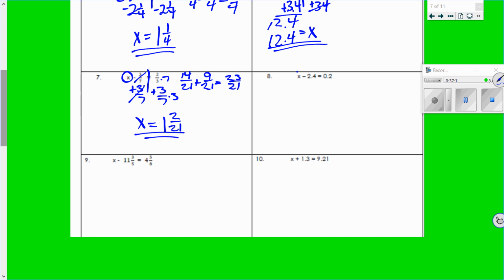Number 8. Here's our variable. Instead of subtracting 2 4/10, we're going to add 2 4/10. These are going away. Line up my decimals, gives me 6 2/10.